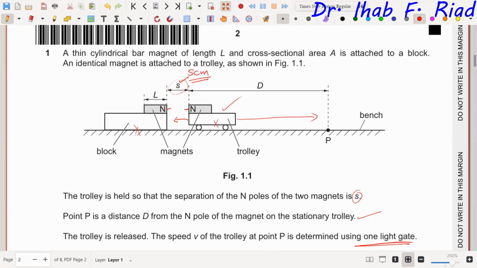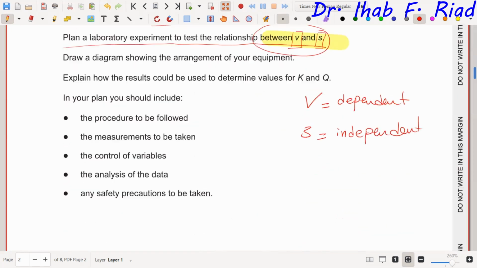Then this is what the experiment is all about: to vary the distance S and to measure the velocity at this point. As we decrease the separation, the velocity is going to increase. So S is the independent, V is the dependent.